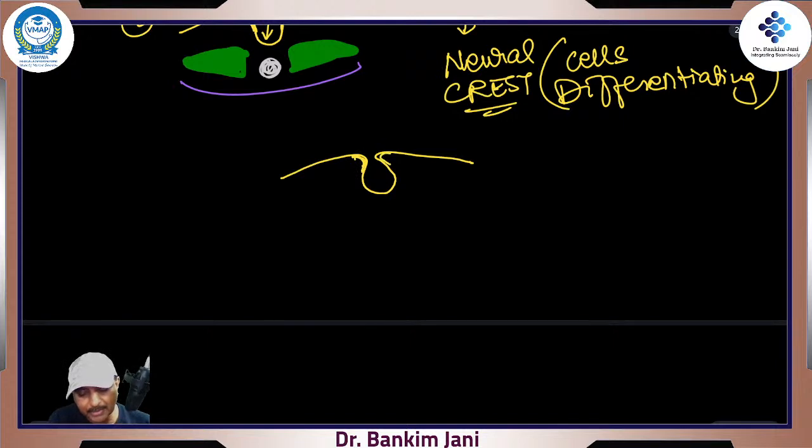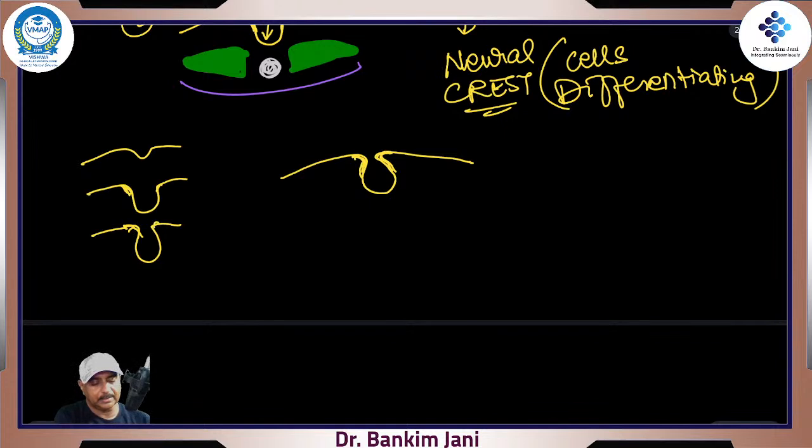This edge was like two waves, and those two waves are meeting. Previously the fold is like this, then it becomes like this, then these two areas start coming near each other, and then it will be isolated.